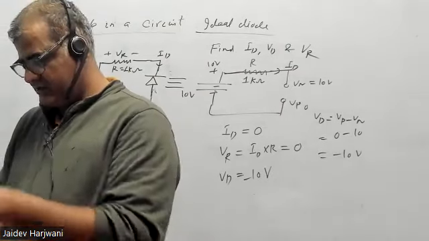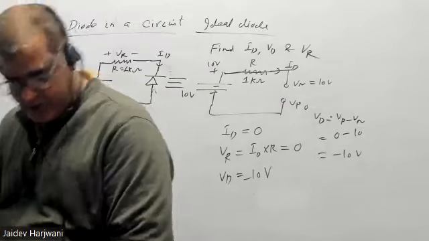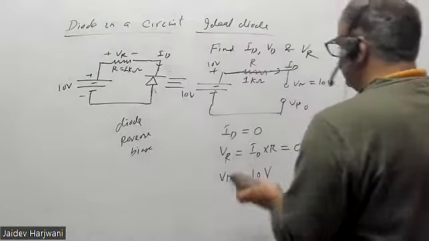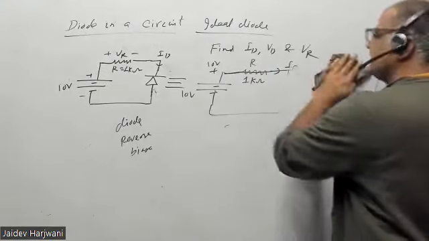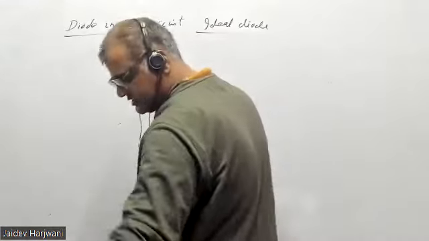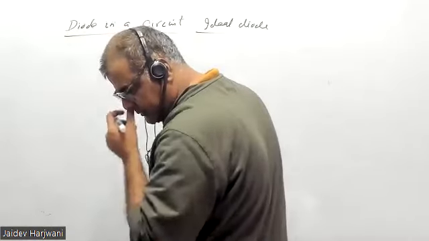So this way, one last problem I'll do, and then we'll stop and continue tomorrow. The circuits are very easy. You just have to find whether it is forward biased or reverse biased.